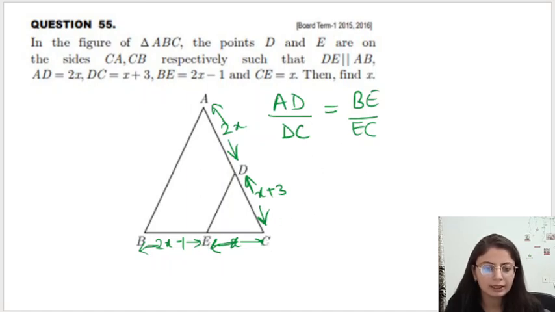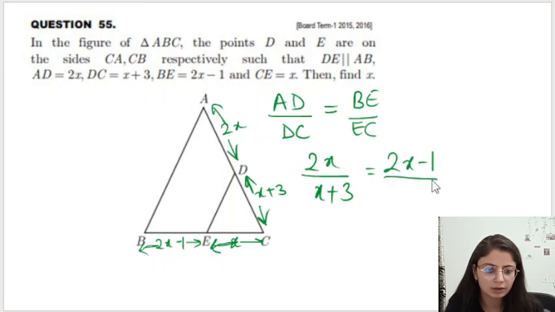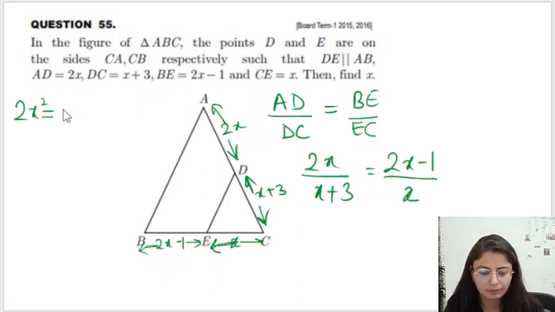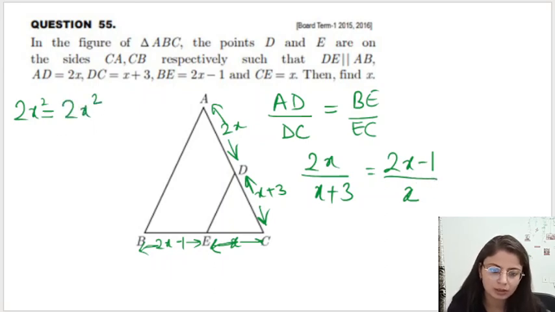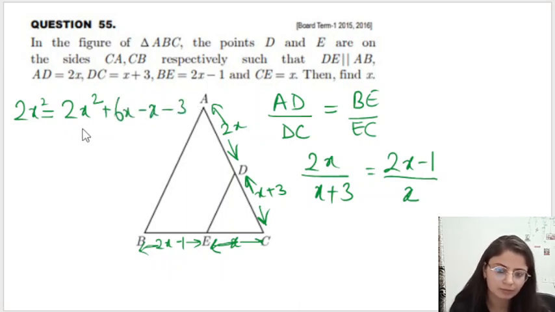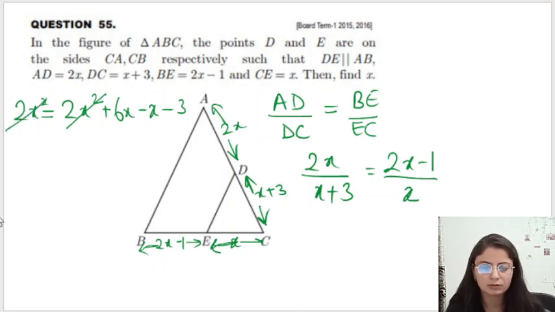Fine. So AD कितना है अपने पास 2x, DC कितना है x plus 3, BE is 2x minus 1 by EC है x. फाइन. अब क्रॉस मल्टीप्लाई करेंगे, क्रॉस मल्टीप्लाई करके अपने पास यहाँ पे क्या आ जाएगा, 2x स्क्वेयर इक्वल्स टू, यहाँ पे इन दोनों लीनियर फैक्टर्स को हम मल्टीप्लाई करेंगे x प्लस 3 और 2x माइनस 1 को. सो यहाँ से क्या आ जाएगा, सो 2x स्क्वेयर प्लस 6x माइनस x माइनस 3, राइट. सो 2x स्क्वेयर कैंसल्स आउट. फाइन. सो दिस बिकम्स 5x इक्वल्स टू 3.